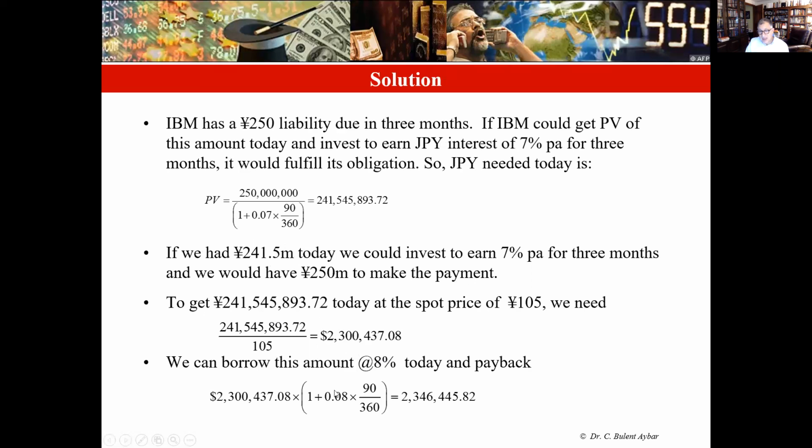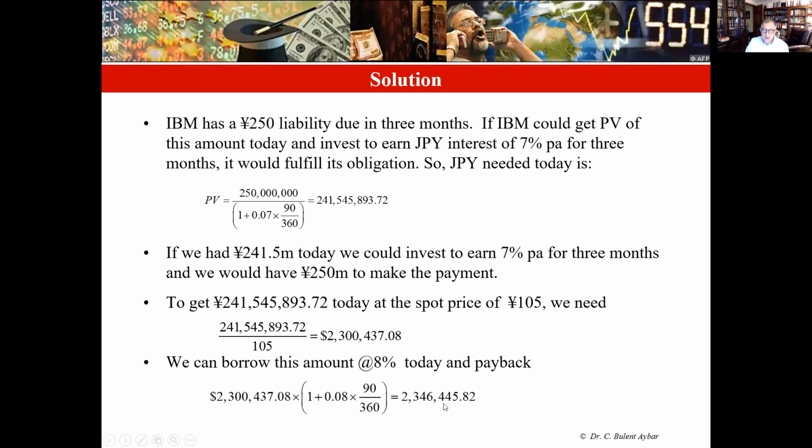If we borrow it at 8%, in 3 months, we will have an obligation to pay $2,346,445. So now we know that in 3 months, by paying $2,346,445.82, we will be able to make 250 million Japanese yen available to pay out our obligation.